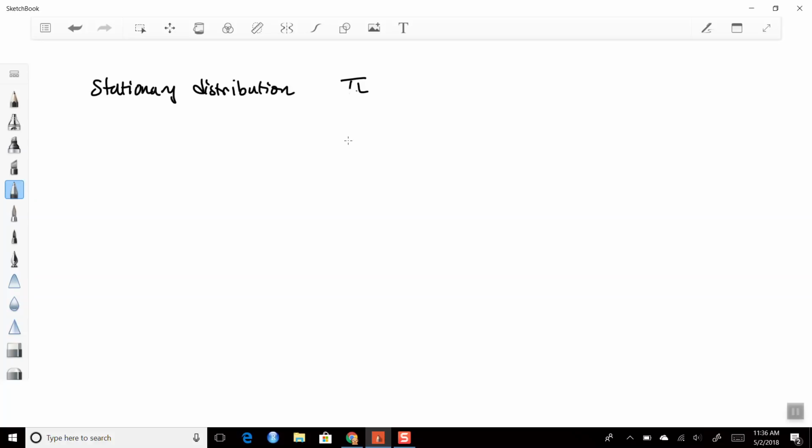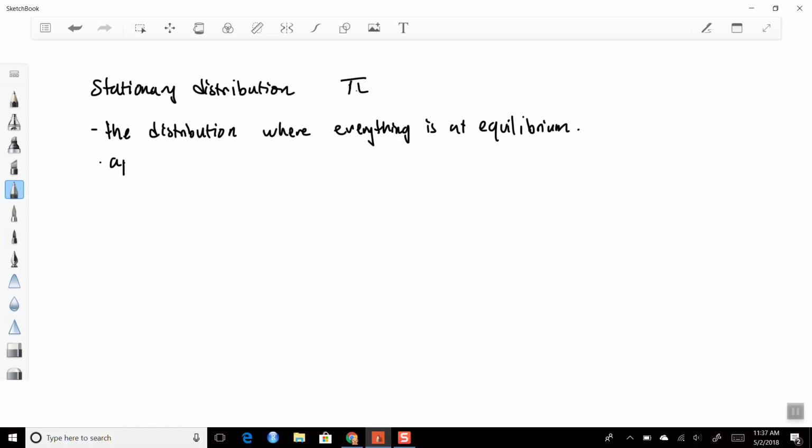The stationary distribution pi is basically the distribution where everything is at equilibrium, meaning applying the transition matrix to pi produces a distribution equal to pi.